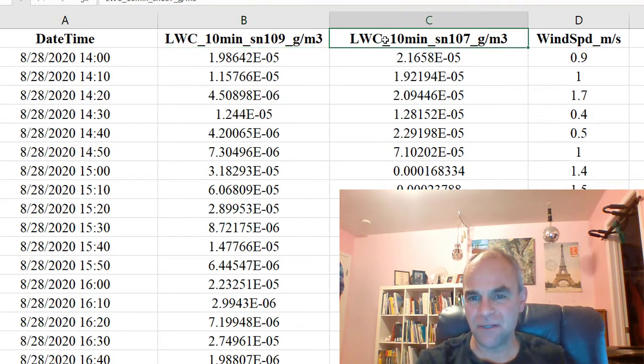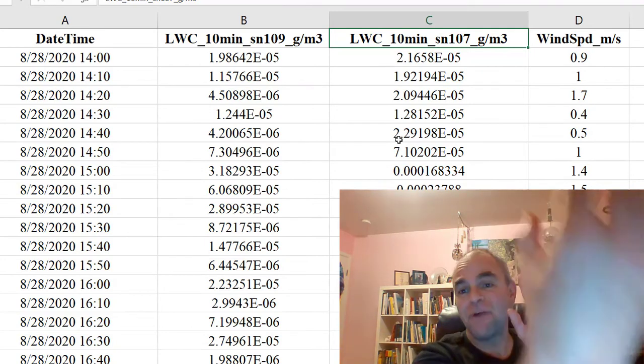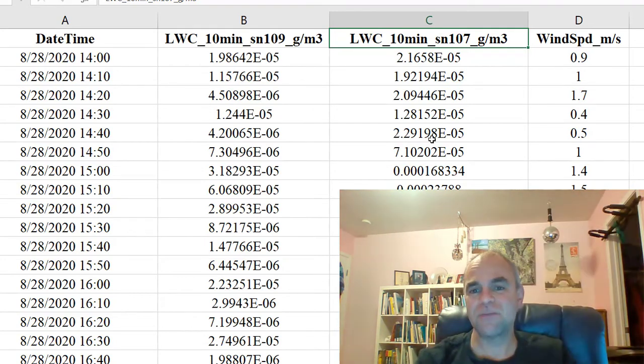This column here refers to the total number of grams of liquid water per cubic meter that were collected over the 10-minute interval by the FM-120 that was in front of my fog collector. So this one here in column C was collecting and measuring the amount of water before it hit my fog collector.